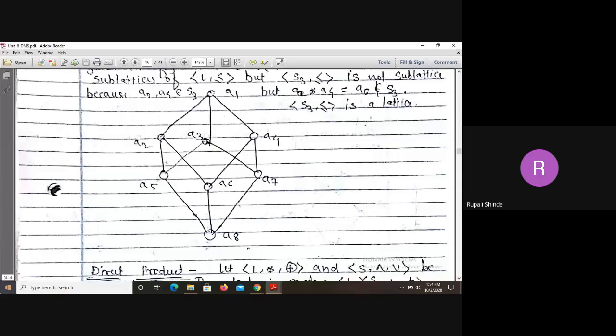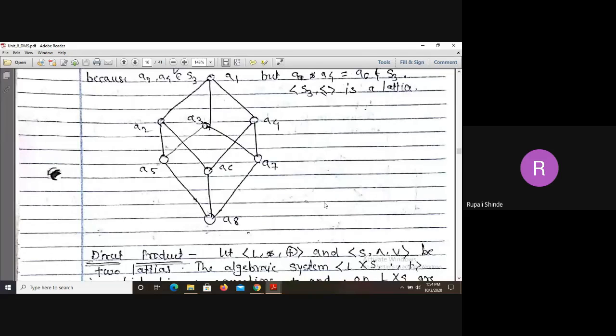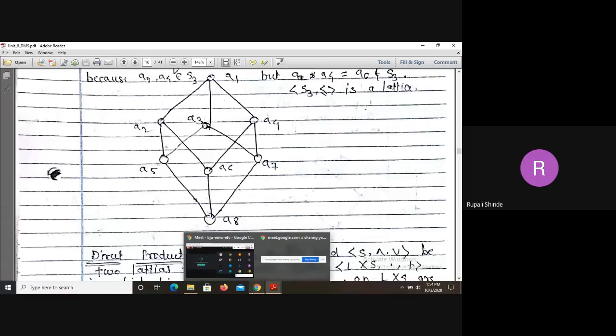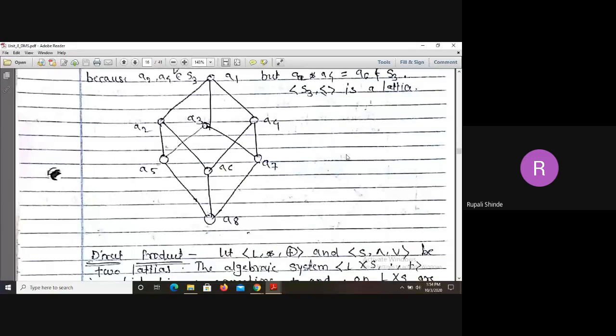So now check whether S3 is a sublattice. Take two minutes and think on it whether this one is a sublattice.